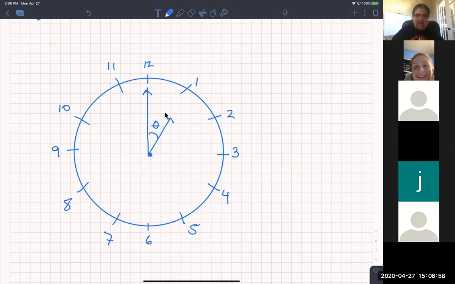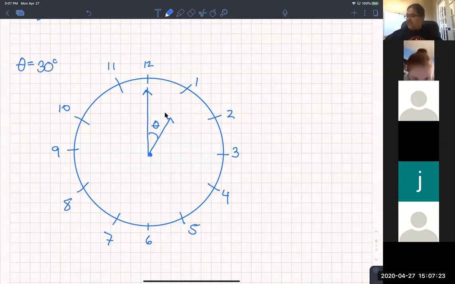If there are 12 wedges, how many degrees in a full circle? 360. So it's 360 divided by 12, which is 30.